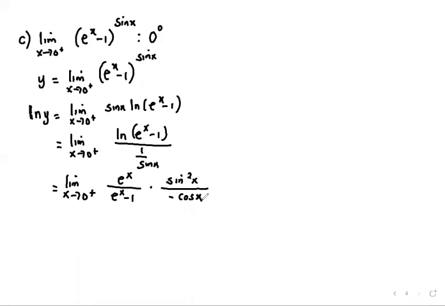So what we have now is the limit as x goes to 0 plus of e to the x multiplied by sine squared x over minus e to the x minus 1 cos x.